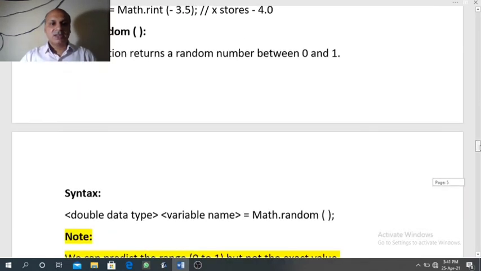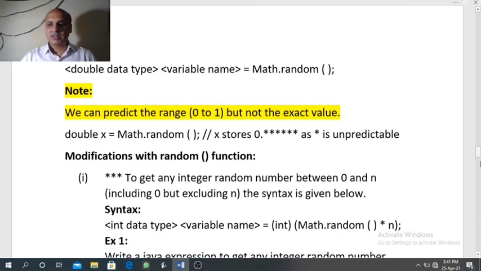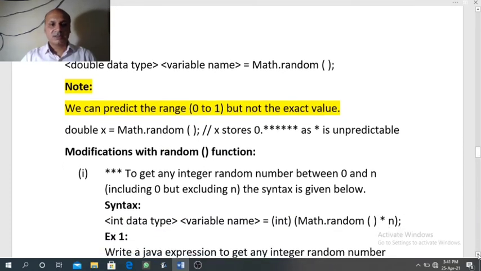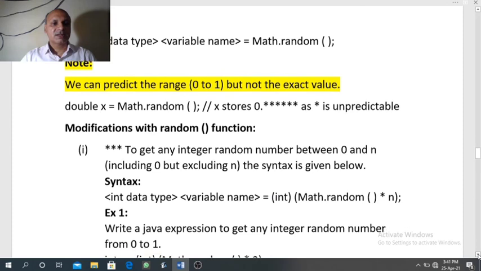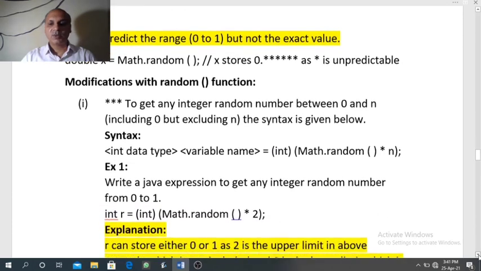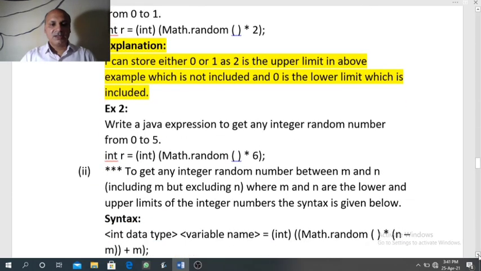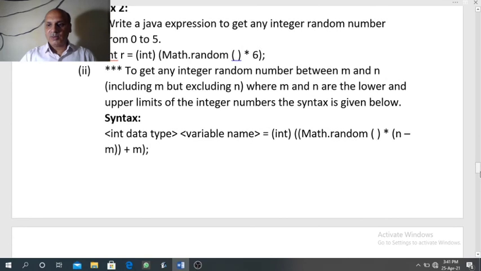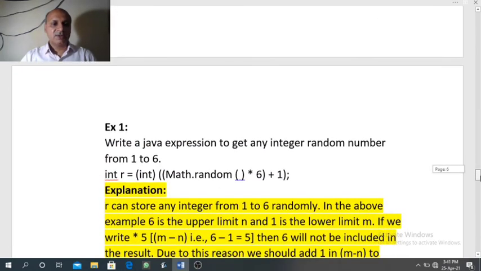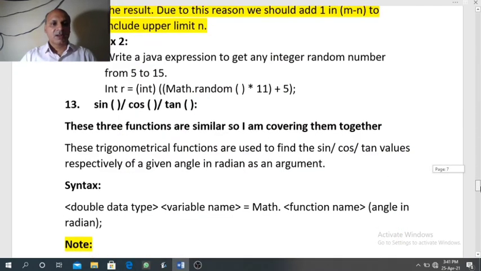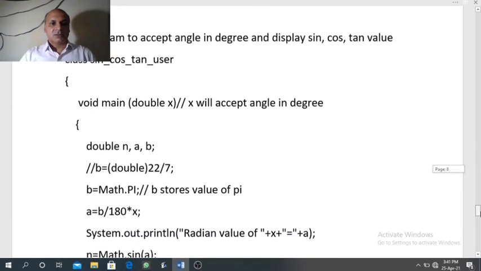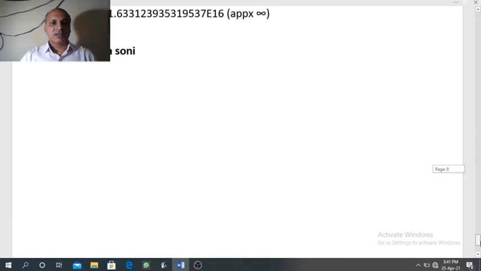Now the next function is trigonometric functions. Actually these functions are not asked in the board, so that is why I am not going to cover this function here in this video. So that is the end of today's session.